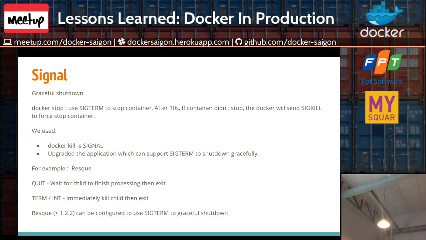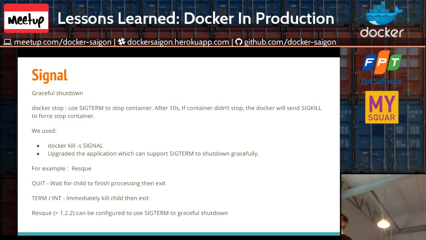So the solution is that we use docker kill to pass the signal to stop the container. We want to stop the container gracefully. The second way is to address it in the application, so it can support the system signal to stop the container.